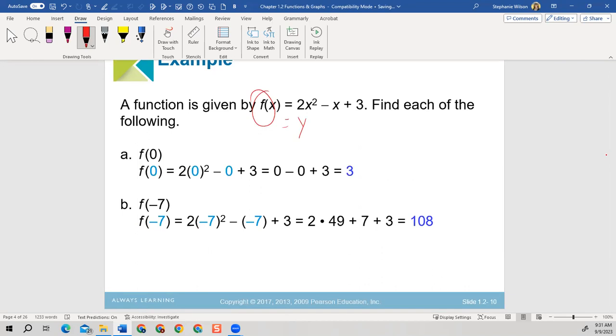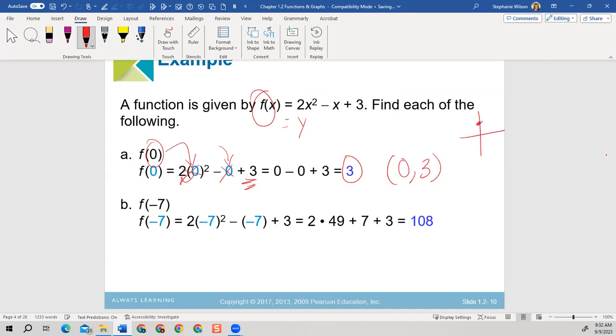So in this first example, I plugged in 0 for X. Then I'm going to plug it in everywhere I see X, and then do my operations. So 0 squared is just 0. 2 times 0 is 0. Minus 0. So I got plus 3. So my order pair here would be 0, 3. And that's where I would plot it on the graph.